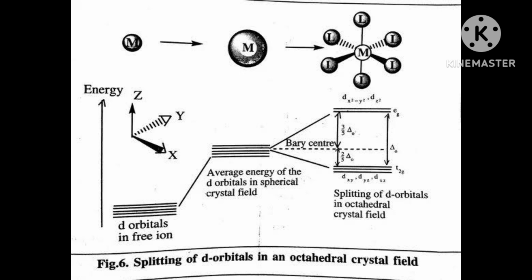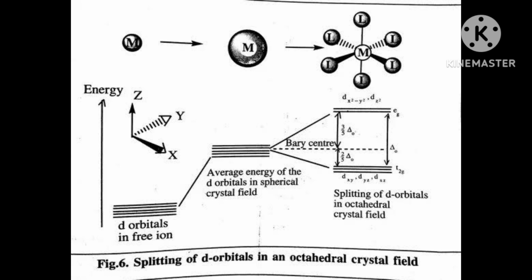Sometimes the electrons can also be accommodated only in t2g, paired there. That is also a possibility. For d1, only the first t2g orbital is filled. d2 means 2 orbitals, d3 means 3 orbitals, one electron each, all in the t2g orbitals, singly in accordance with Hund's rule.